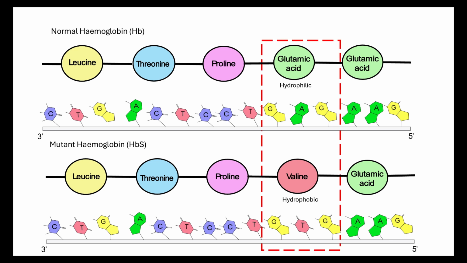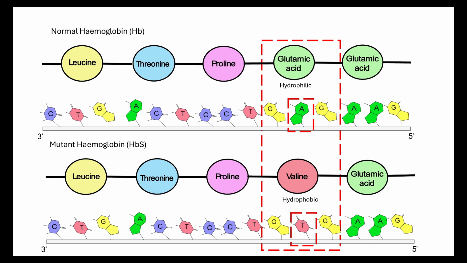Well, what you need to know is there is one base substitution. As you can see here, the GAG, so guanine, adenine, guanine codon on the 6th amino acid sequence. So I've missed out a couple before, but this is at the 6th amino acid position. Guanine, adenine, guanine was the original codon.